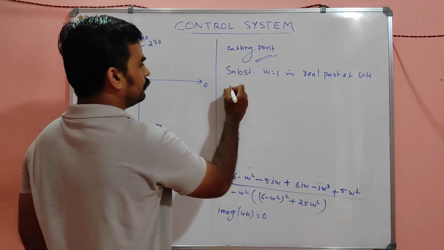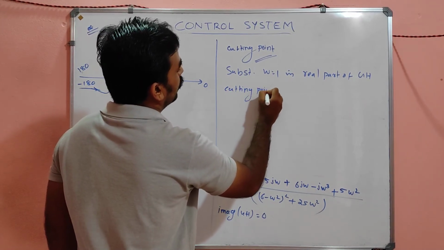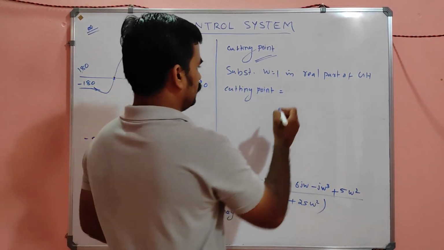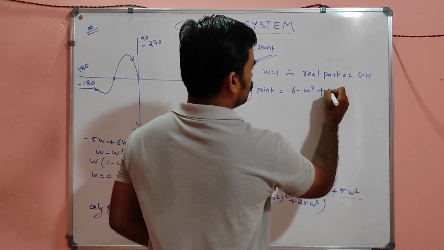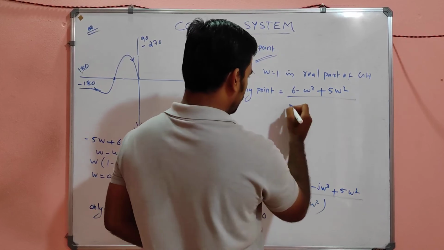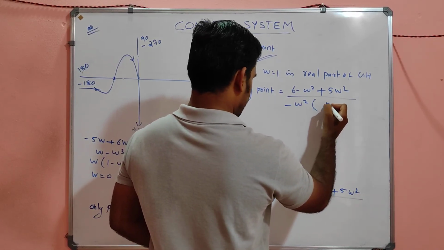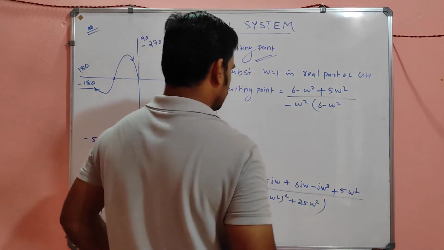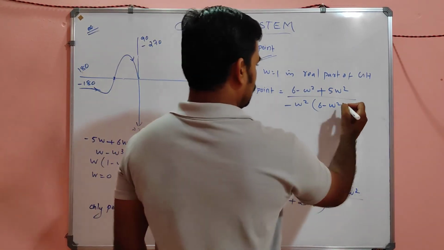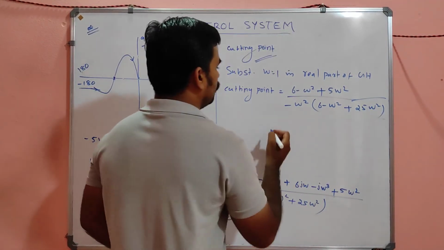The cutting point equals (6 minus omega square plus 5 omega square) whole divided by minus omega square into (6 minus omega square) plus 25 omega square. All are real part, na?